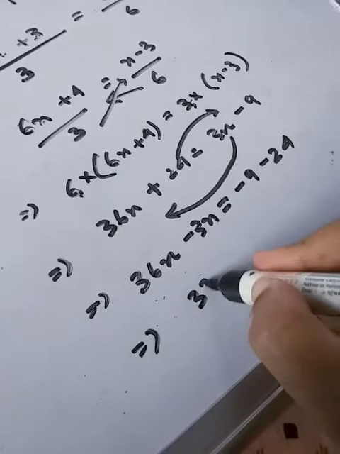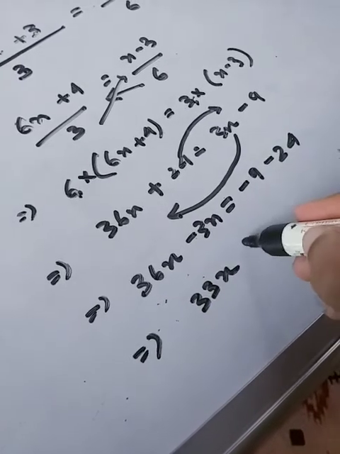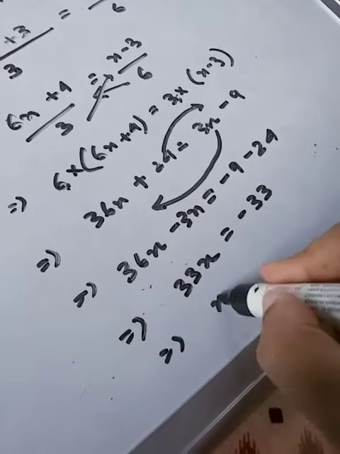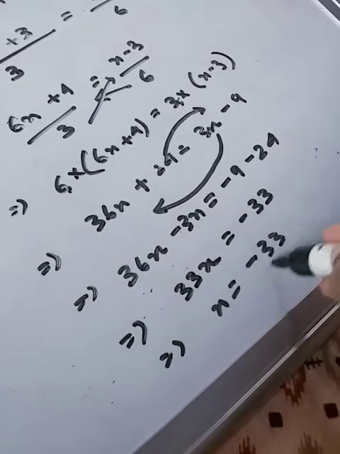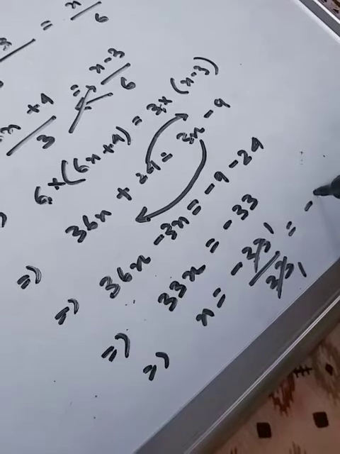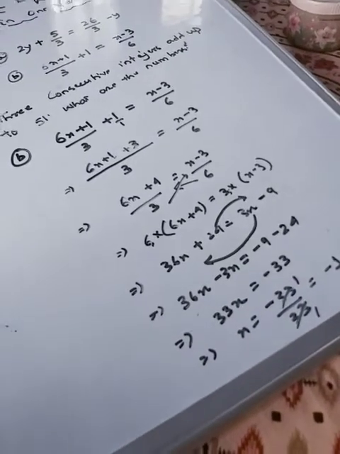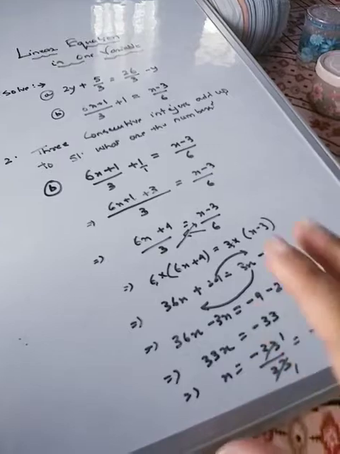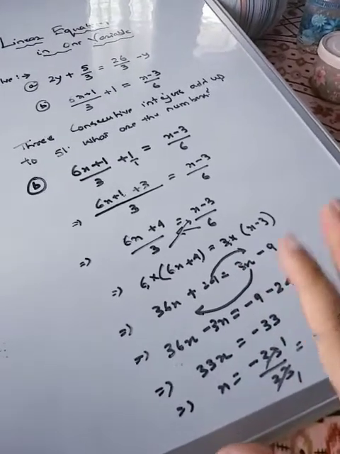So it will become 33x, and this will become minus 33. So x equals minus 33 upon 33. If we reduce it, the answer will come as minus 1. These are very important sums, students. This type is very important.